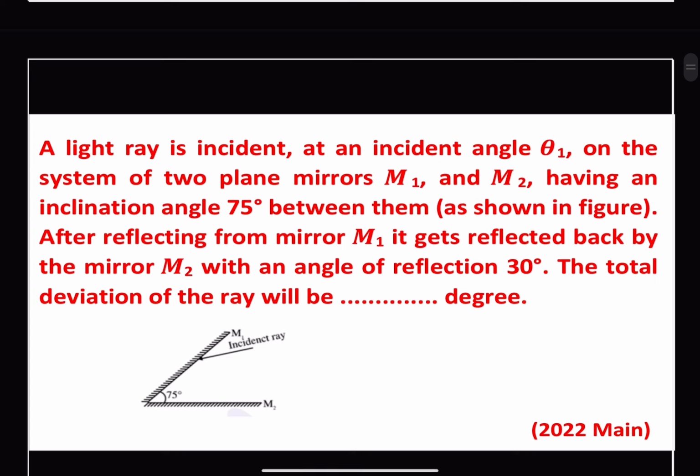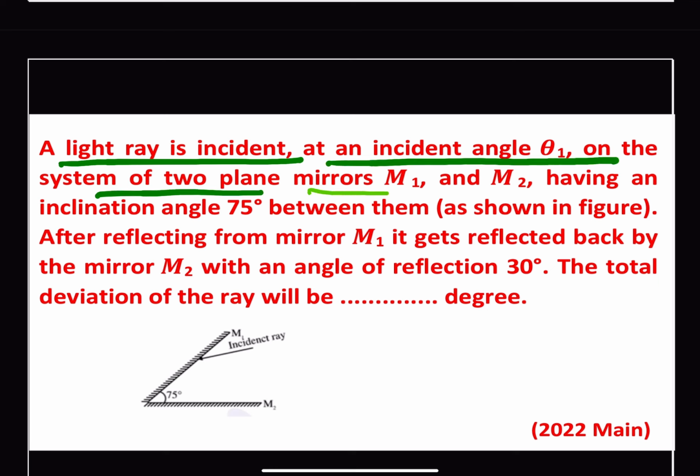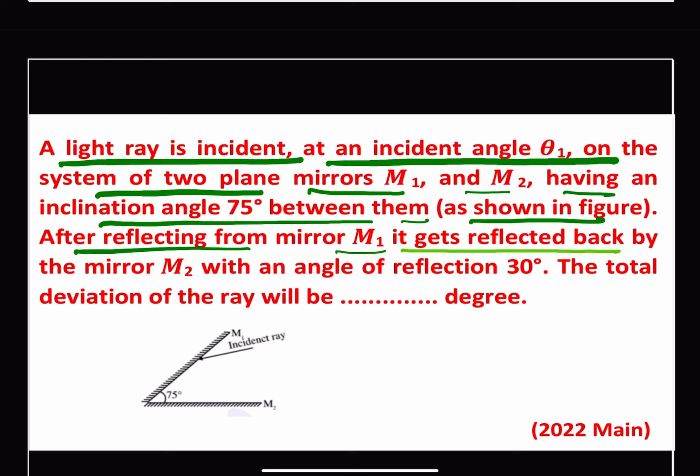It states that a light ray is incident at an angle theta 1 on the system of two plane mirrors, M1 and M2, having an inclination angle of 75 degree between them, as shown in the figure. After reflecting from mirror M1, it gets reflected back by the mirror M2 with the angle of reflection 30 degree. The total deviation of the ray will be.